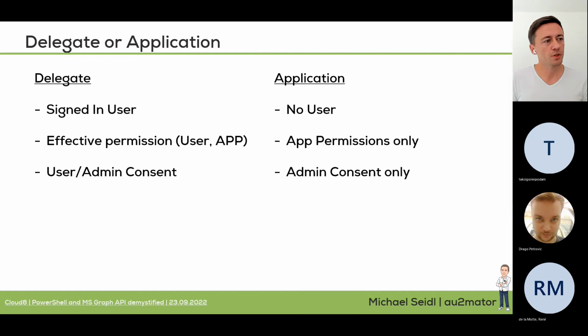Most of the permissions you can use can be done for delegated or for the application. The difference is, if you use application, there is no user identification. So you only have to use the Azure App ID, the secret, and the tenant. The Azure App gets permissions. So for example, on the on-premise side, you can compare it to a service user.